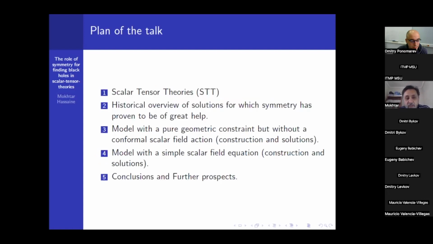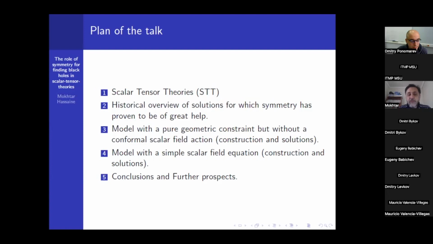My talk is going to be divided into 5 parts. In the first part, I will present what is known as the scalar-tensor theory. I will present the most general scalar-tensor theory that yields second-order field equations for the scalar field as well as for the metric tensor, and this is now known as the Horndeski theory.